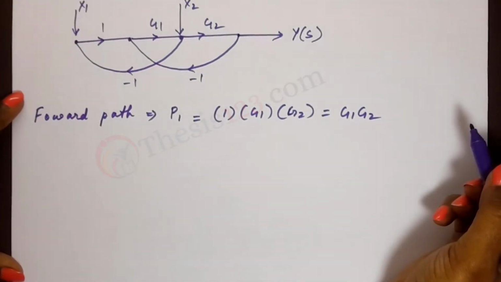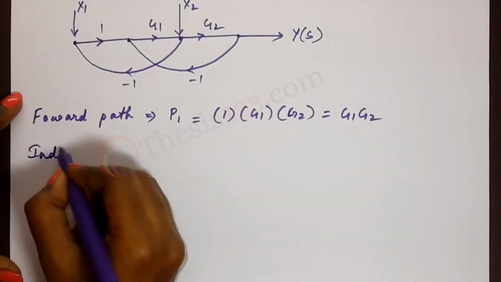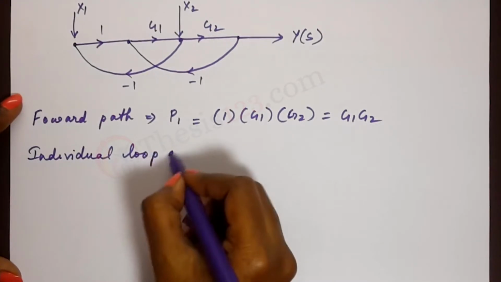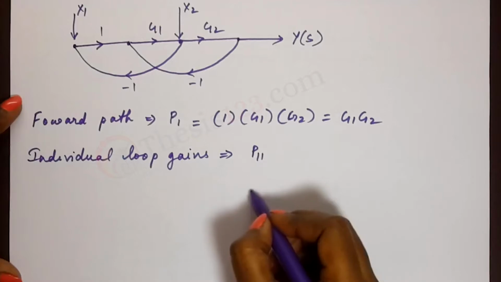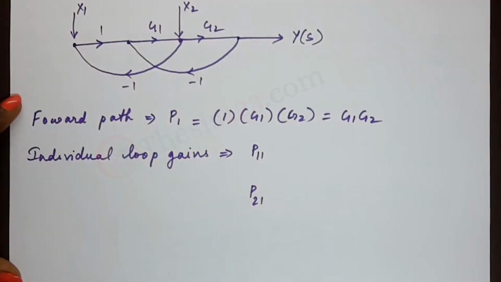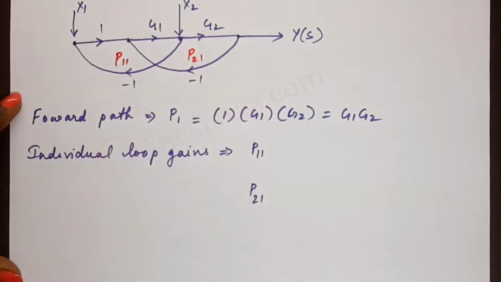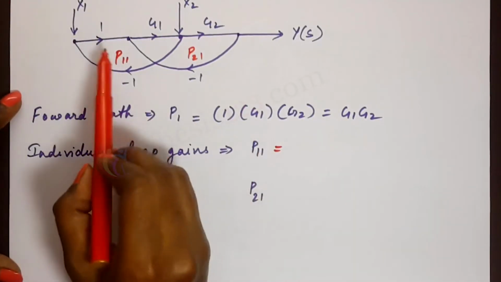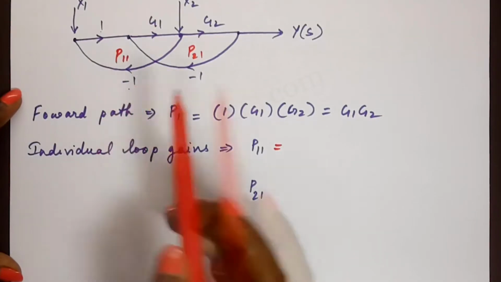The next step is to find the individual loop gains. We'll call them P11 and P21 because we have 2 loops here. Now, the loop gain for P11 is again the multiplication of the gains and the feedback value given.